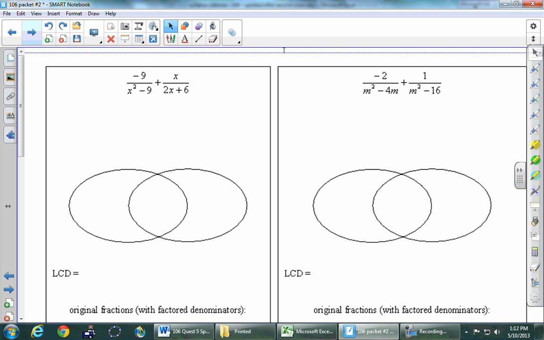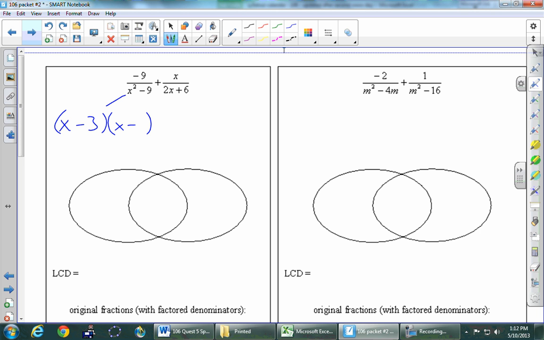Okay, first step, what do? Factor all the denominators. We can. Yep, difference of two squares, x squared minus 9, it factors. Okay, x plus 3, x minus 3 in some order.